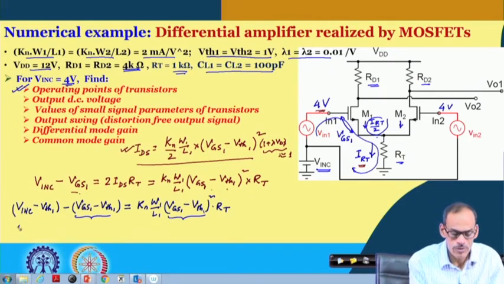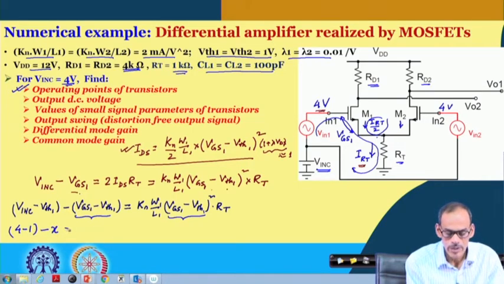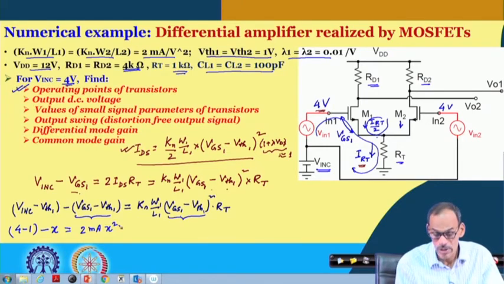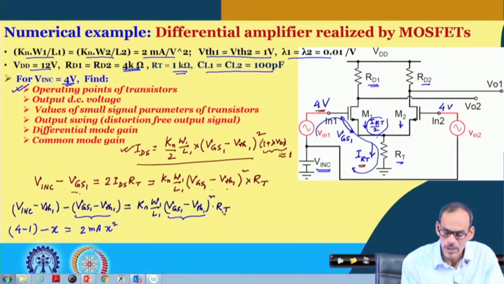So, this is 4 volt minus 1, VTH is 1, and let us call this x, equals, this is given as 2 milliampere per volt square. So, this is x square, the unit of x is volt, and RT is 1 kilo ohm.